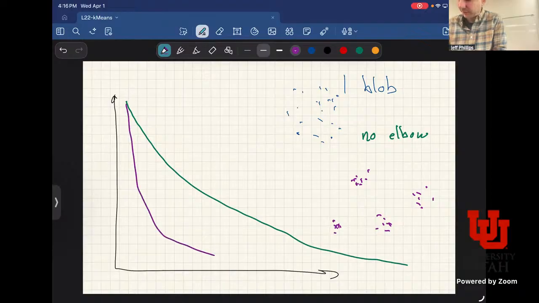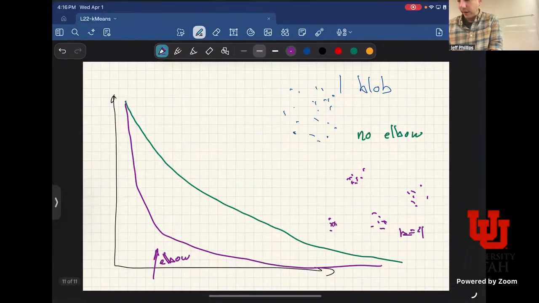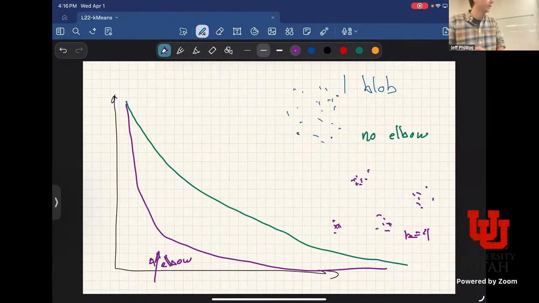Whereas if the data looks like this, then I'm going to get something that looks like this. So K equals 4, and this will be about 4. That's going to look something like this: sharp, and then it's going to flatten.